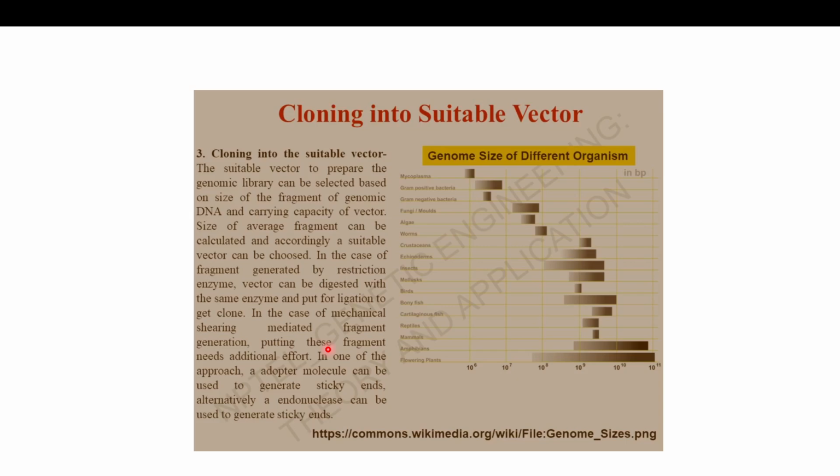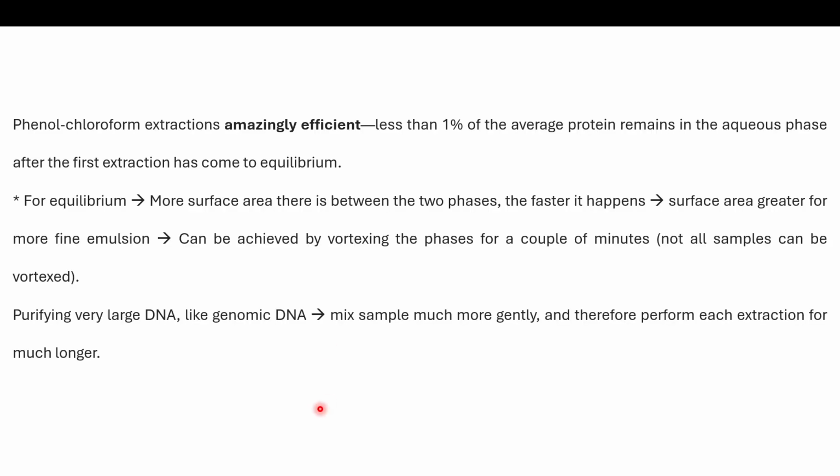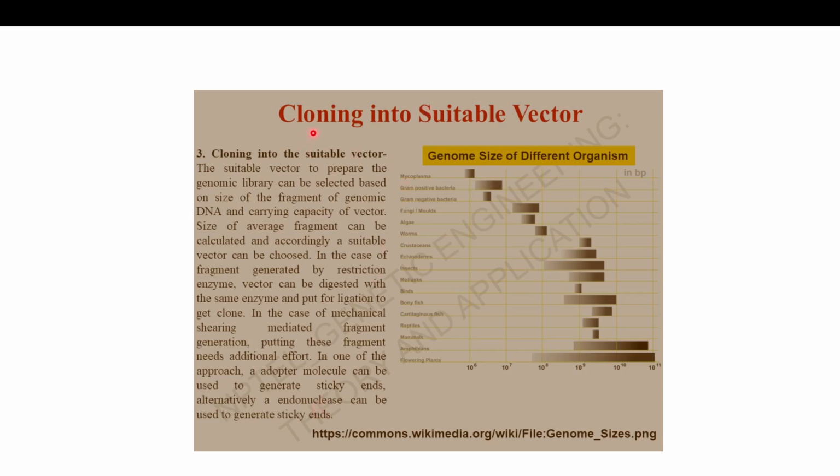Now you have purified your genomic DNA. Now that genomic DNA has to be put into a suitable carrier or vector. How to clone into a suitable vector and all, I think that's in the next set of lecture videos, which we will be discussing next week.